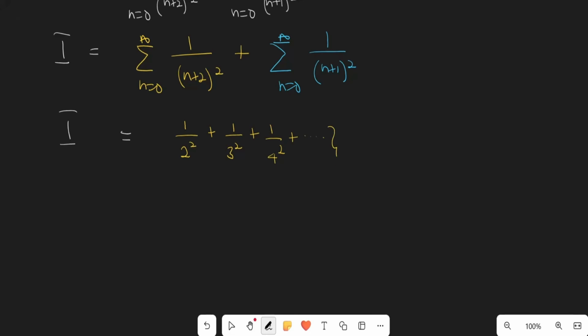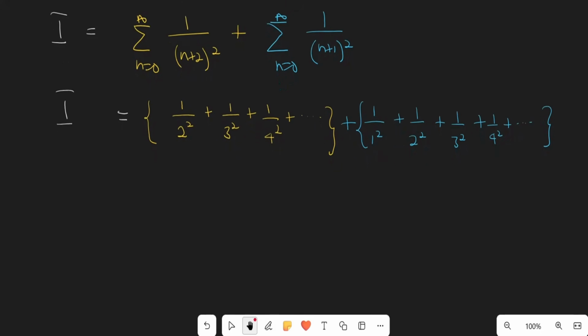And now the next one in blue pen, that is going to be plus, when we are summing this one from 0 to infinity, 1 all over 1 squared plus 1 all over 2 squared plus 1 all over 3 squared plus 1 all over 4 squared. And this one continues until infinity, right? So this is what we have for the first and the second one.